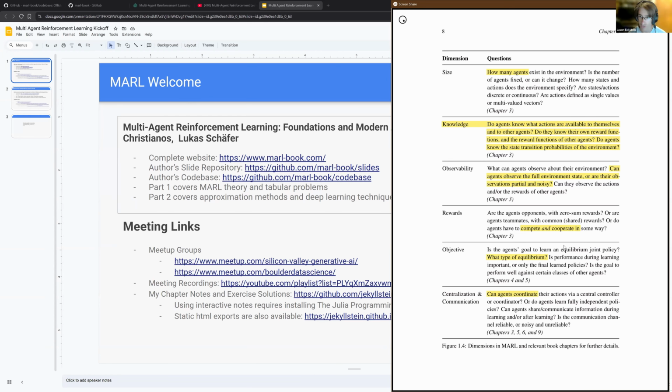The agents could have full information about the environment and the other agents. When we talk about observations, we can restrict that information in all kinds of ways, down to the agents only knowing very limited information about the environment. Then for the reward function, we have to decide if the agents are competing or cooperating or doing some combination of the two.